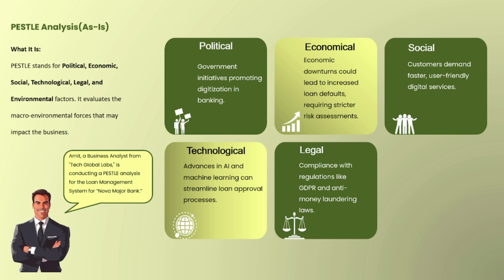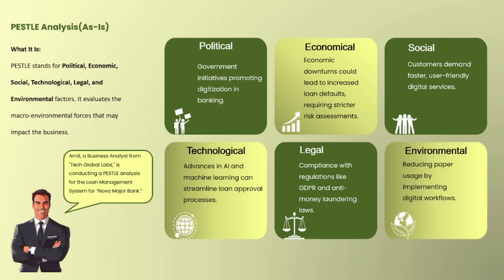If not, then when we develop the new loan management system, data protection of the customer should be taken into consideration. Something like that is analyzed during the as-is process in PESTEL analysis. And the last is environmental, reducing paper usage by implementing digital workflow. Means it is quite simple that using a digitalized process will definitely save paper.